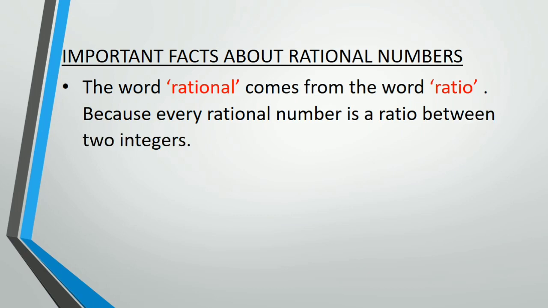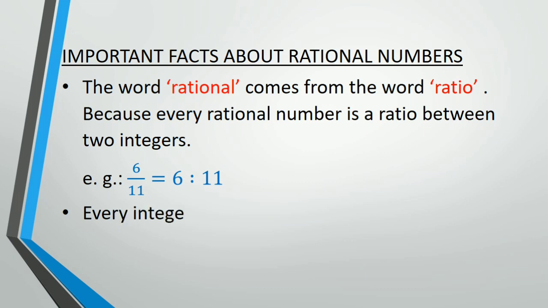We know that ratio is a comparison between two quantities. Hence, we can write every rational number as a ratio between two integers. For example, 6 by 11 is equal to 6 is to 11, which is the ratio between integers 6 and 11.